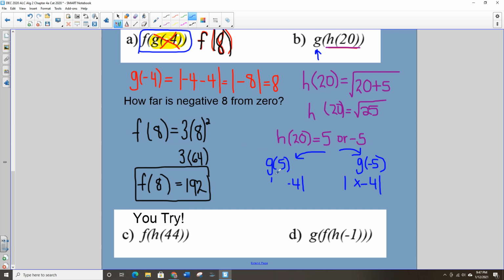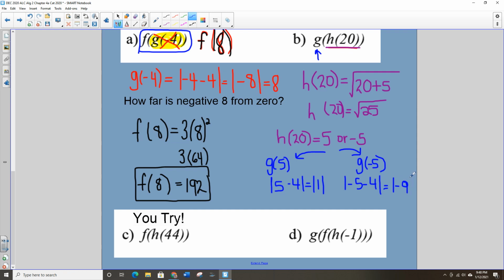The correct answer is we're going to put a 5 in there. And what are we going to put in this x spot? The correct answer is we're going to put a negative 5. So we have negative 5 minus 4. And the rest is calculation. So what is 5 minus 4? Hopefully you said 1. And this one's a little bit more of a thinker. What's negative 5 minus 4? Hopefully you said negative 9.